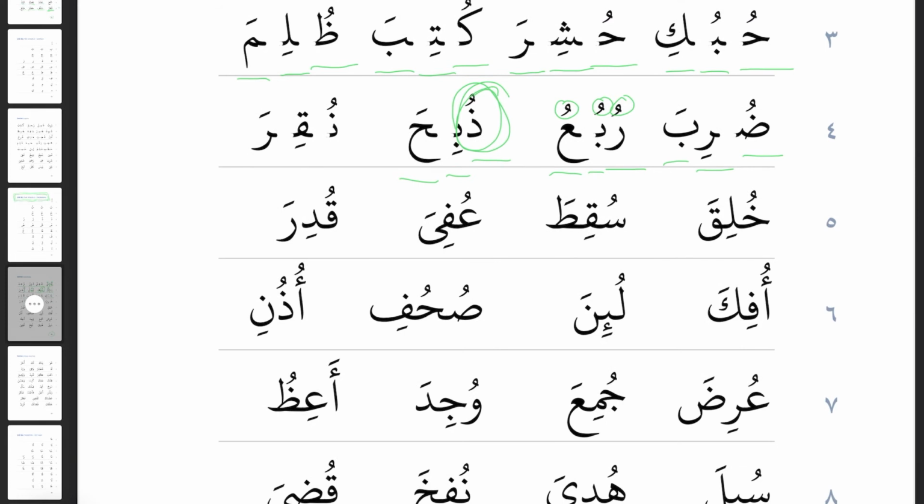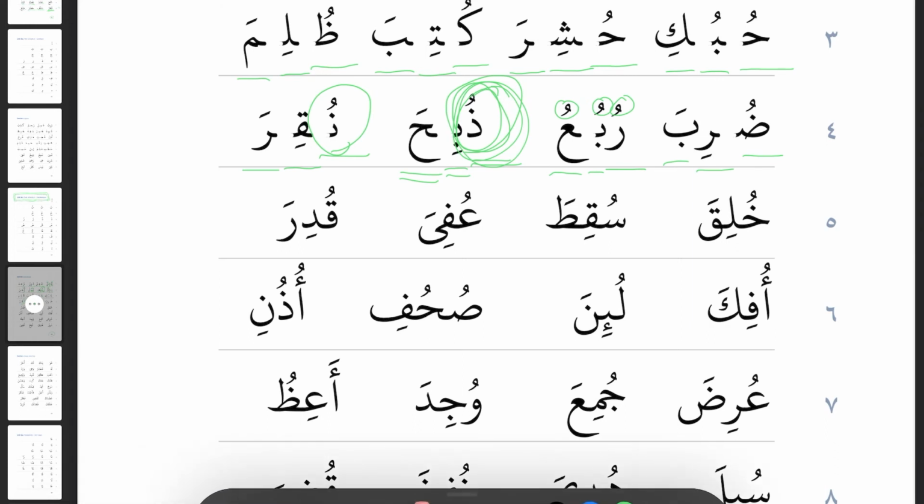I'll repeat that word. Dhu, bi, ha. Nu, qi, ra. So that was the noon again. You see how it's very different in size and shape from the dhal here. Oh, too many scribblings all over the place. Let's take some of these off.